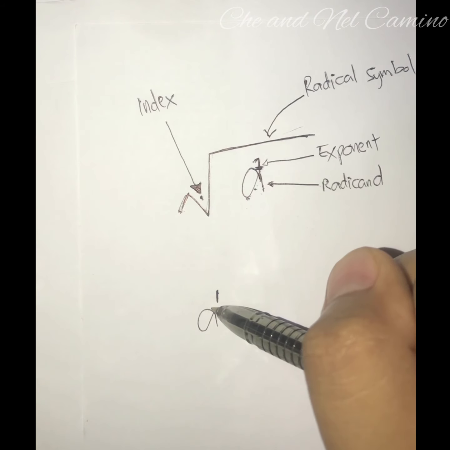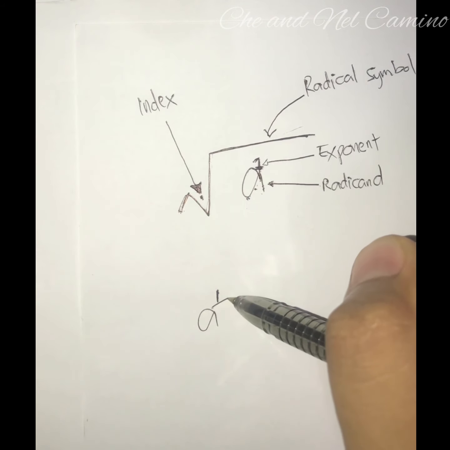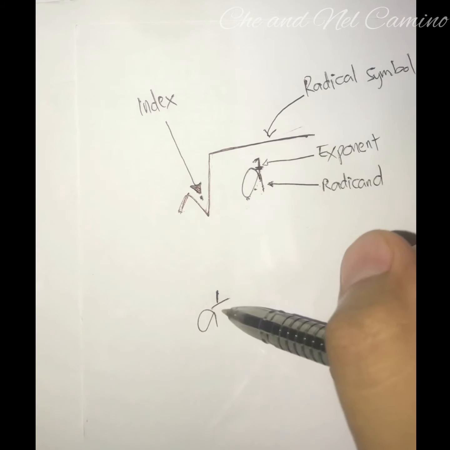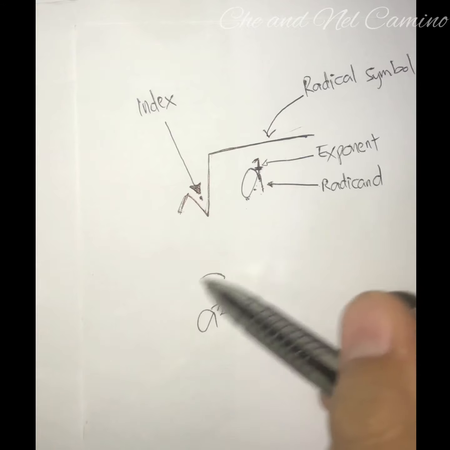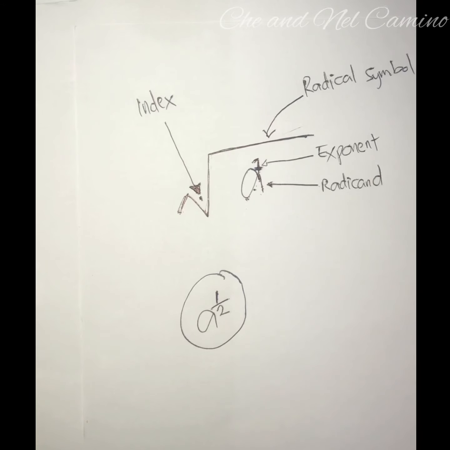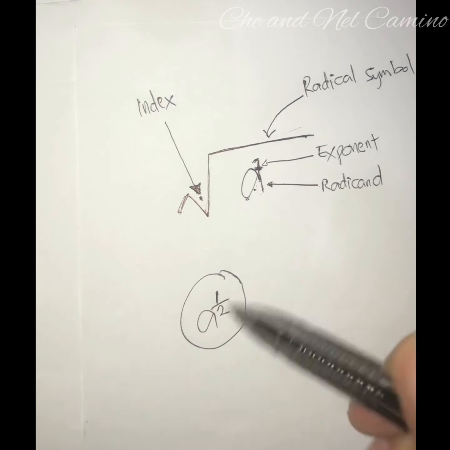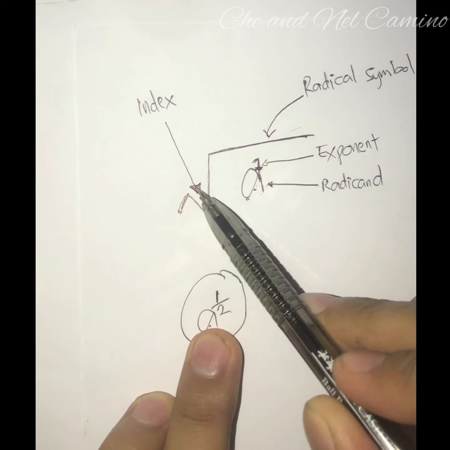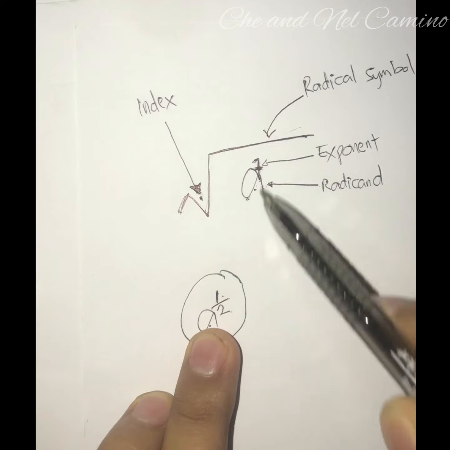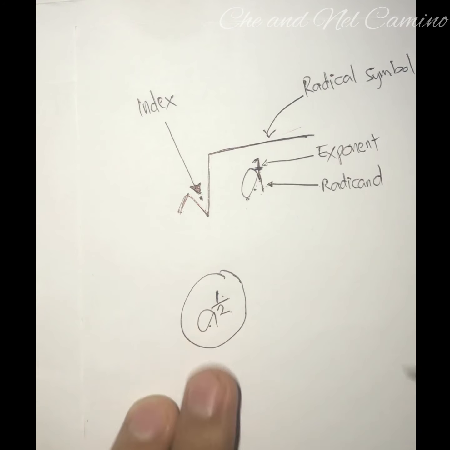So we are going to place the index here. So this is now our exponential expression. A is our radicand, 2 is from index, 1 is our exponent.